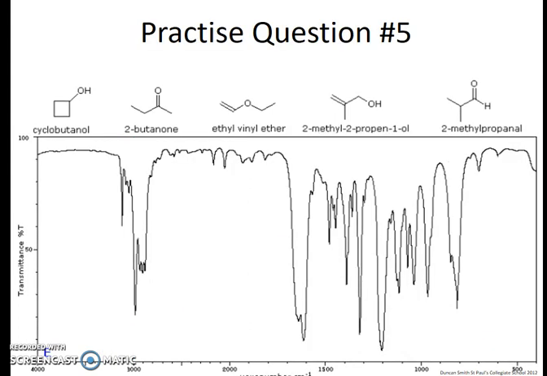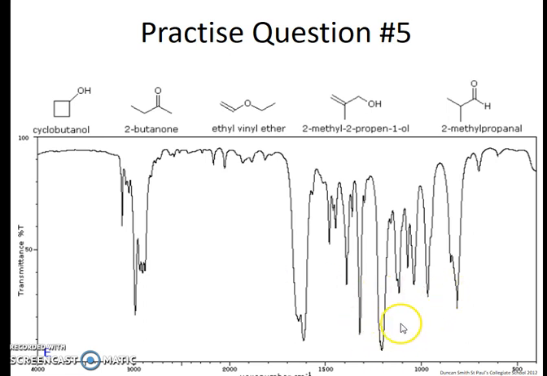So we come to our final structure. Obviously, as a process of elimination, you might say this is going to be our ethyl vinyl ether. But let's actually have a look at what we've got as well. This one's a little bit harder. We've got this peak at about 1620-ish. It's pretty ugly, but I would have to assume that's a carbon-carbon double bond peak purely because of where it's sitting in the spectrum.